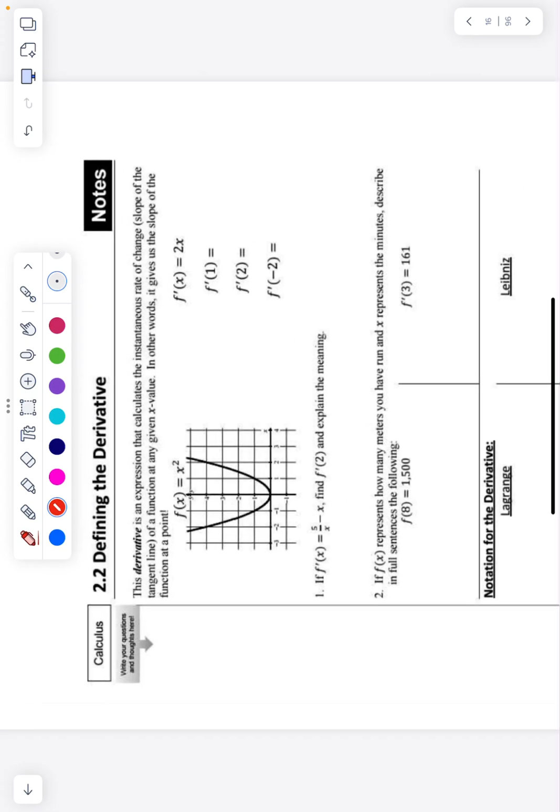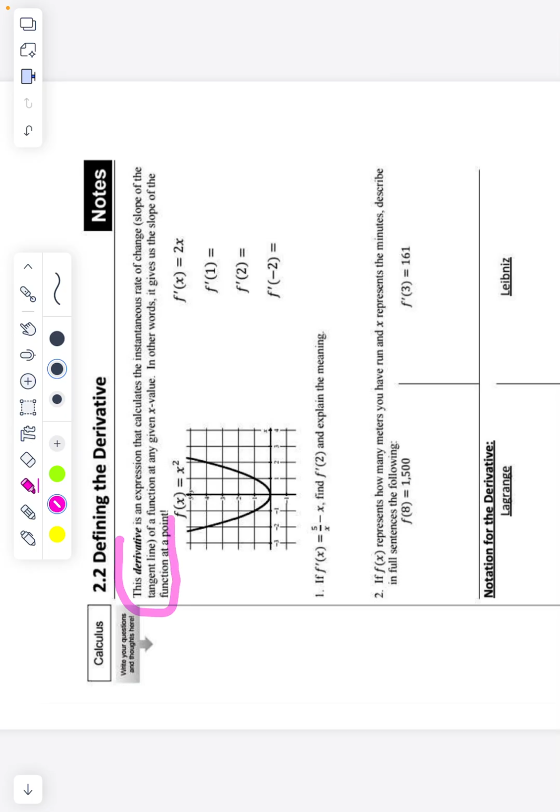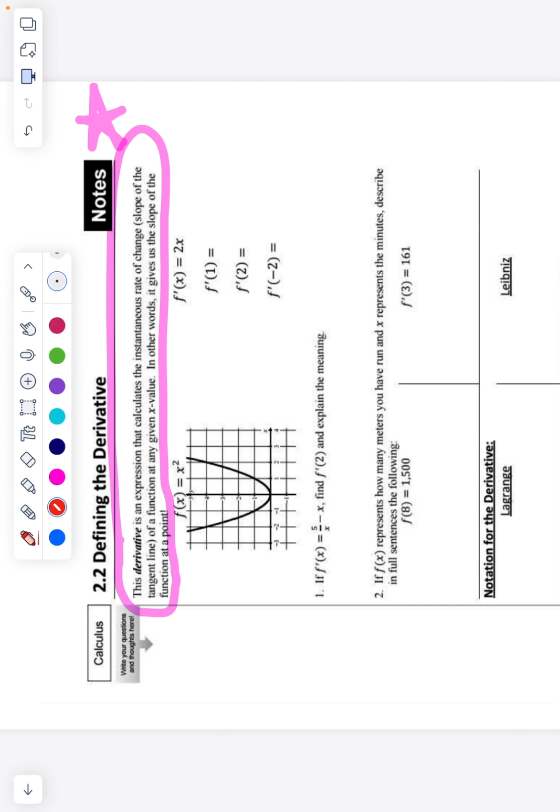If you're a highlighter or a circler, I want you to make sure this stands out to you, okay? And anytime you get mixed up or forget what a derivative means, I want you to come back and read this. I think you should be coming back and reading this anyway, to be honest. You can't remember everything that we learn the first time.